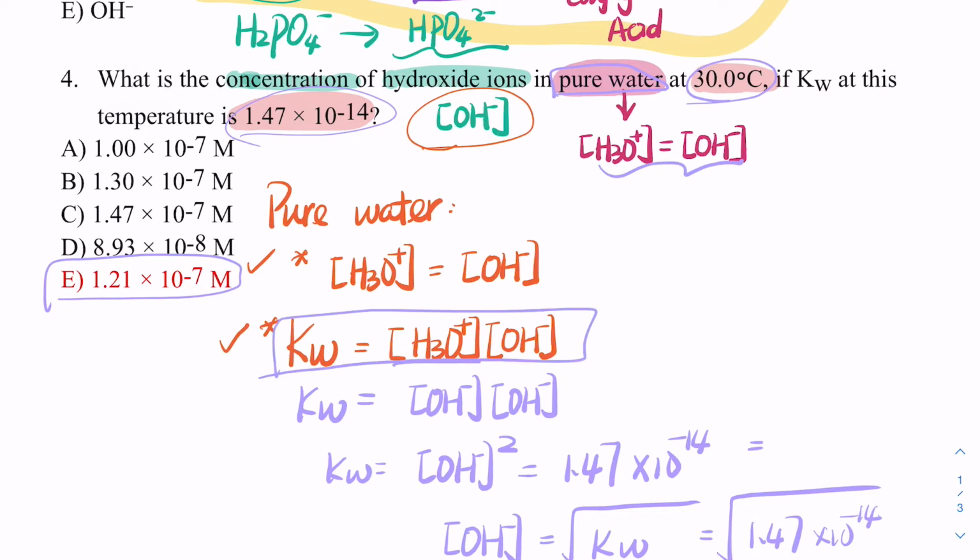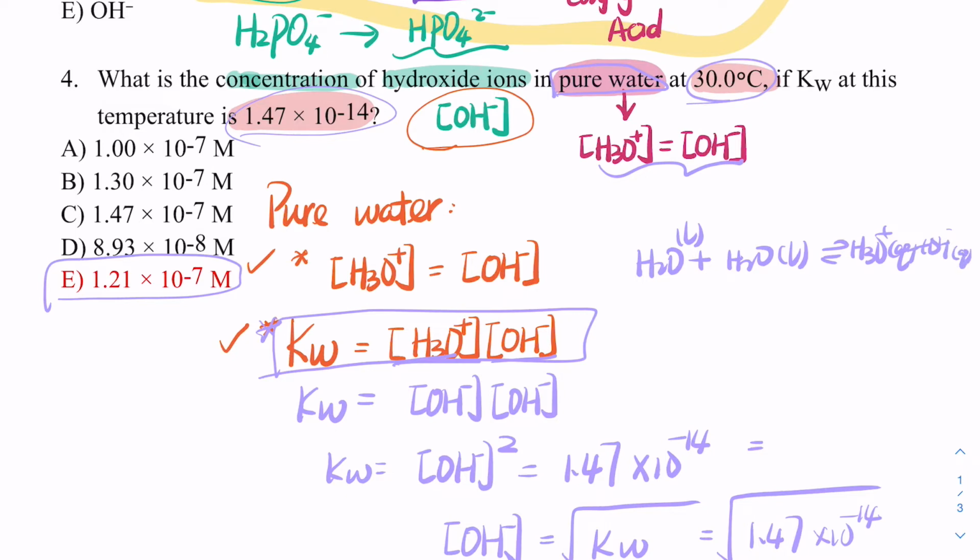Kw will be true no matter whether it's pure water, an acidic solution, or a basic solution. Kw will always equal this, because for an aqueous solution, water reacts with water to form hydronium and hydroxide ion.